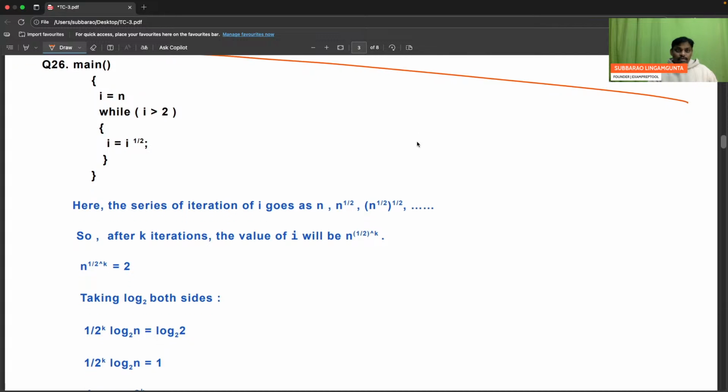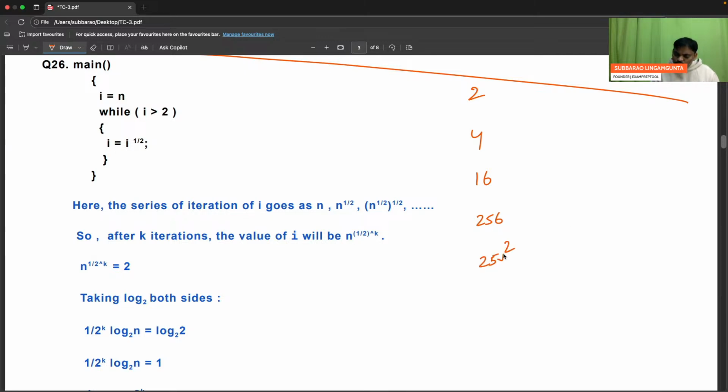Remember, the reverse of power is root. Initially i is there. If I do square, it becomes i square. If I do root, it becomes the reverse. Whatever way square increases, if I do root, the same way it will decrease. Let's check here: 2, square it, 4, square it, 16, square it, 256, square it, 256 whole square.